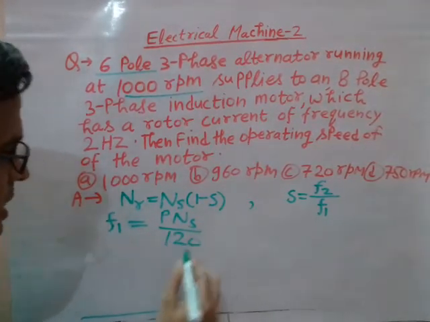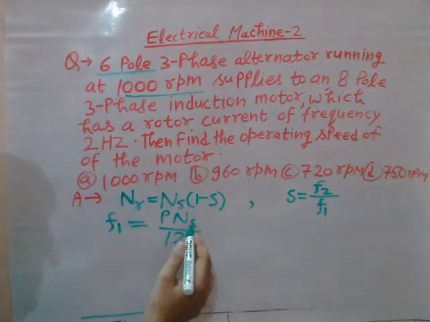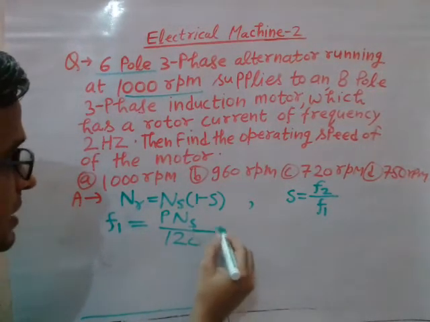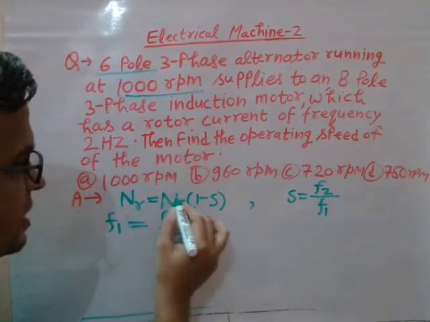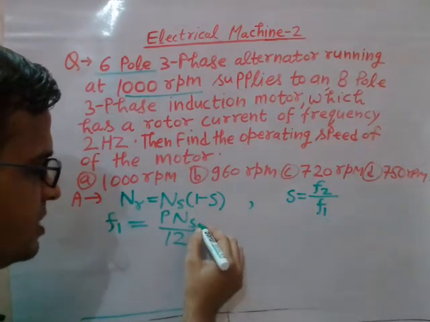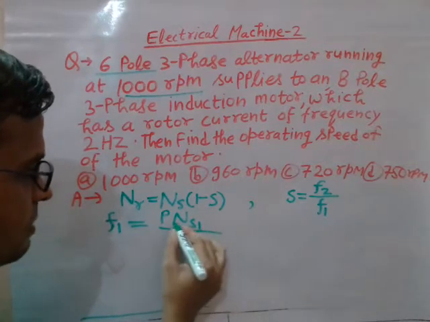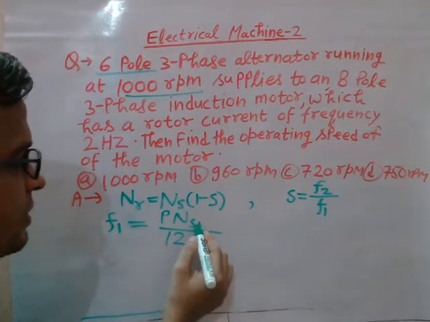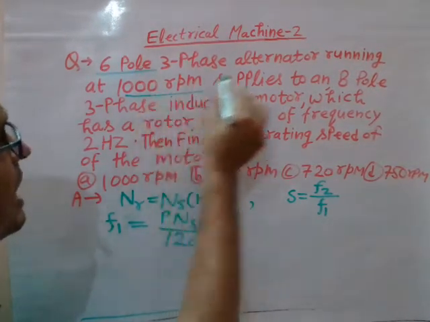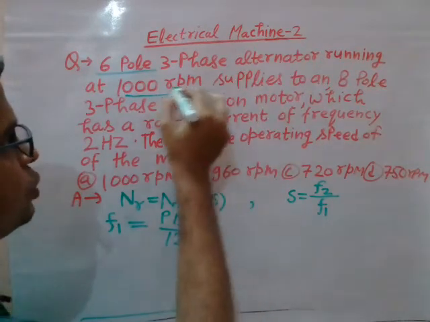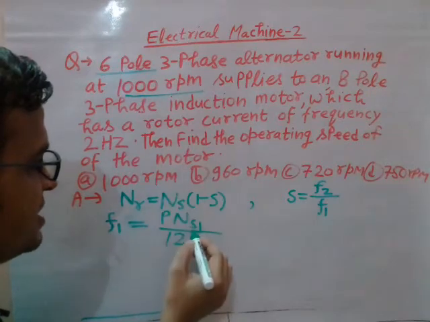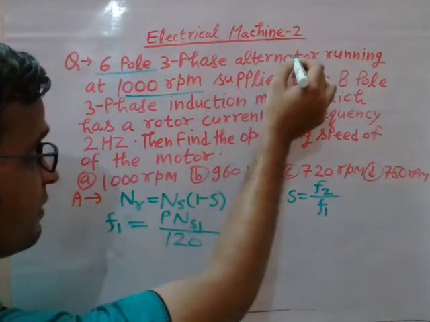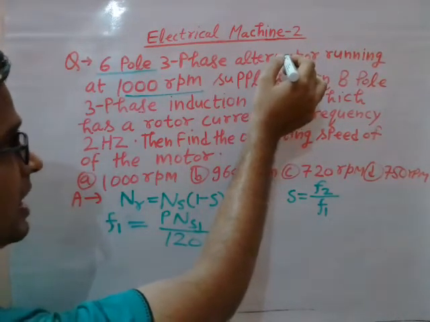Remember, this NS is the synchronous speed of the alternator. It is not equal to the synchronous speed of this induction motor. Let me differentiate it by calling it NS1, the synchronous speed of the alternator, which is equal to 1000 rpm.